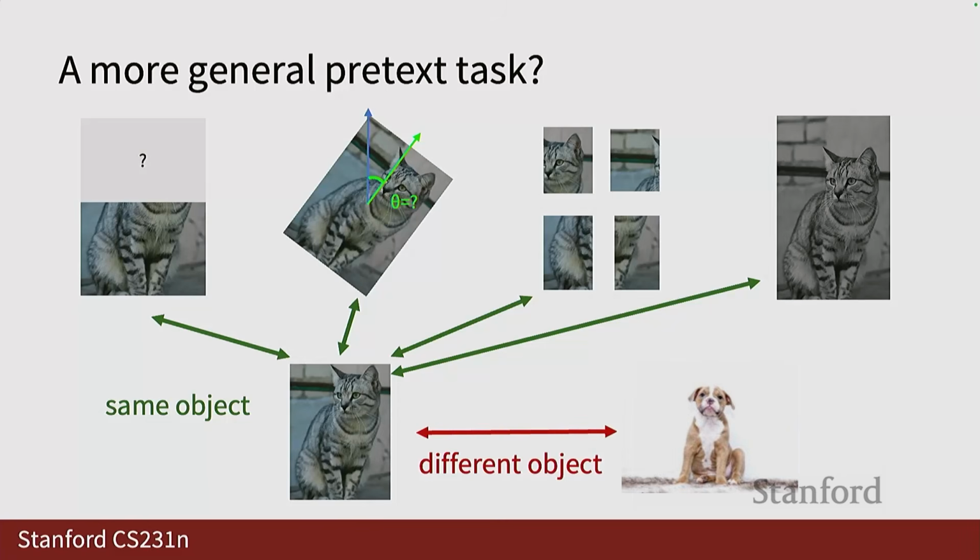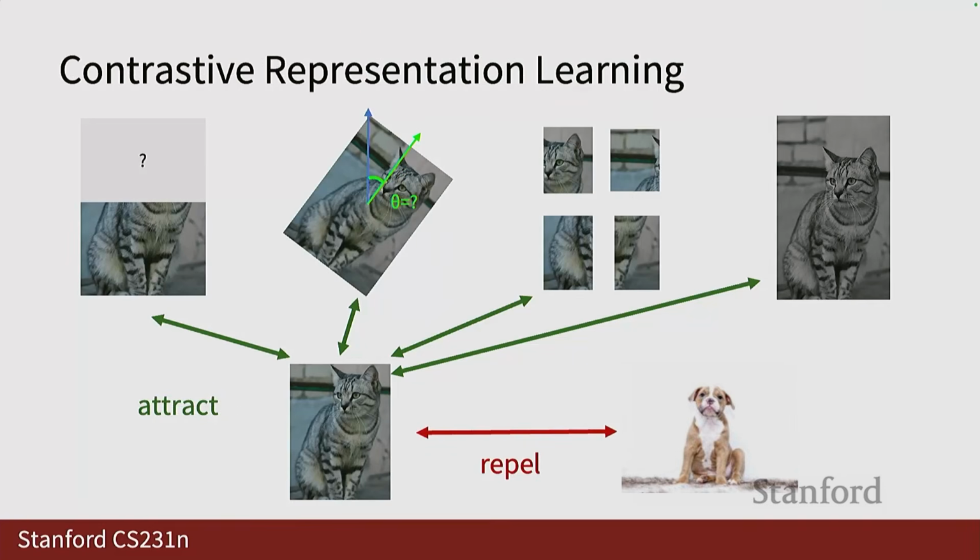So if I define a task that says, these that belong to the same object, try to bring them close in the representation space, basically attract them to each other. And those that do not belong to the same object, try to maximize the distance between them in the latent space, basically repel the representations of these two images.